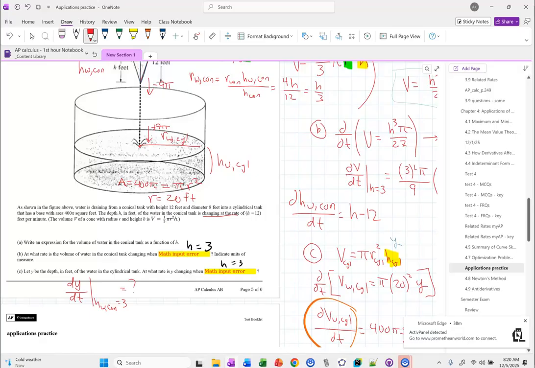So if 9 pi cubic feet of water per minute is coming out of the cone at that instant, that means that 9 pi cubic feet of water is coming into the cylinder. That's why the sign had changed from negative to positive, because in the cone the water is draining out, and the cylinder is filling up. Really important observation there. Nice job.